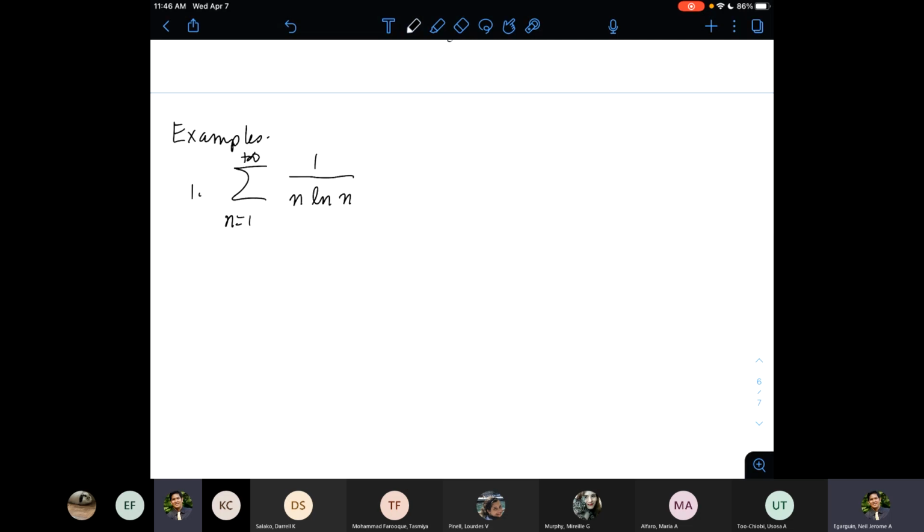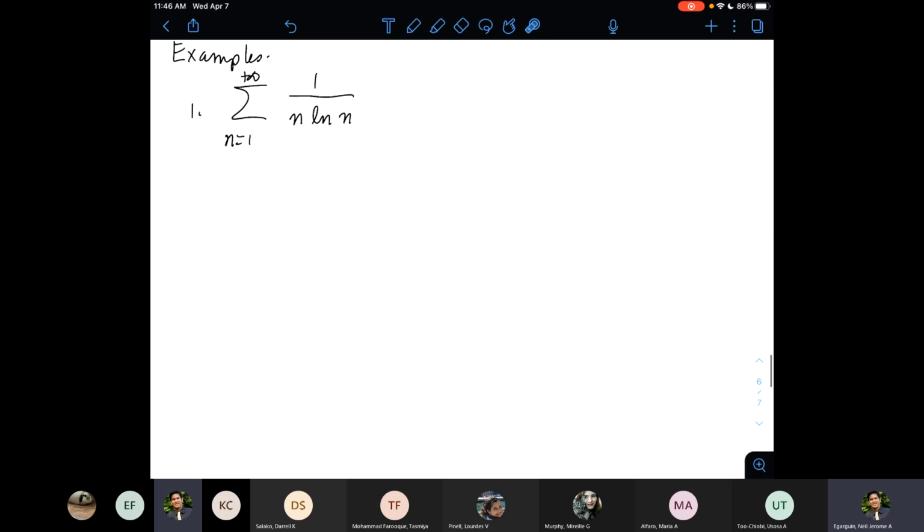So again, my suggestion is do the basic divergence test first. That might work. But here we see that if you take the limit of this, what will happen? You'll have 1 over infinity, right? Because this goes to infinity, this goes to infinity, large number times large number is another large number, and this is 1 over a large number, that will go to 0. So the limit of An is equal to 0, the basic divergence test would not apply, right?